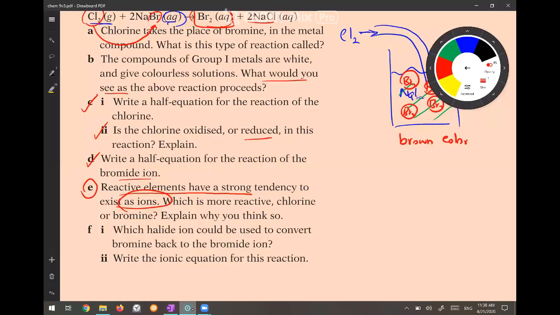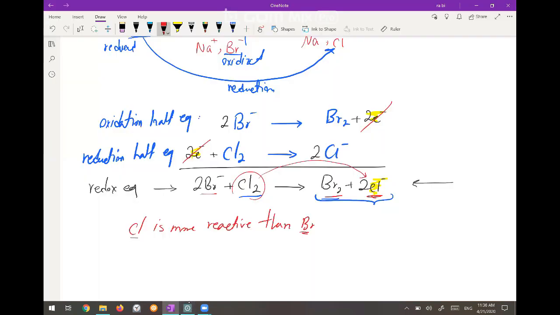This is a very important point. When you are comparing non-metals to know which element is more reactive, you must look at the product side. The non-metal which becomes negative, or which becomes the ion, is more reactive. As you can see here on the product side, finally chlorine becomes an ion, but the bromine is not an ion. This shows that chlorine is more reactive than bromine.